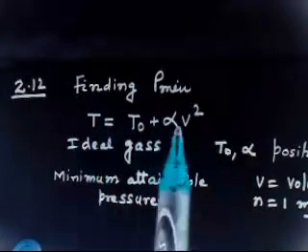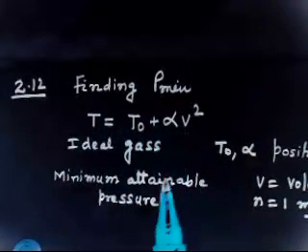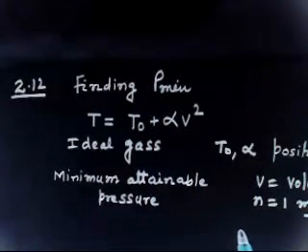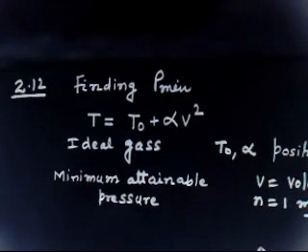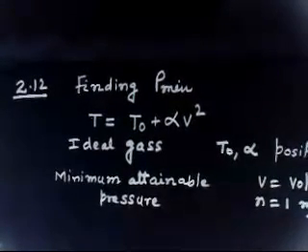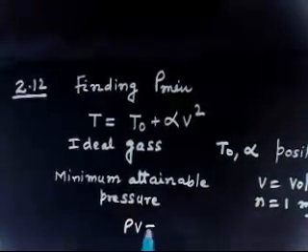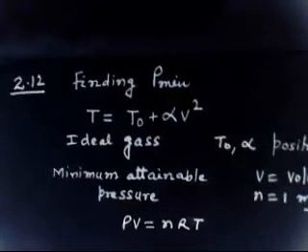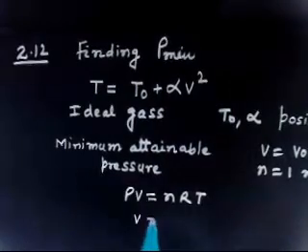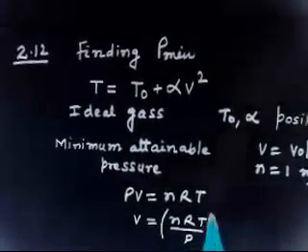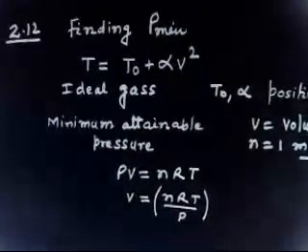This equation is given in terms of T and V, but I want to express it in terms of pressure, because I need the minimum pressure. So if I use the ideal gas law, PV equals nRT, I can write volume is equal to nRT by P.